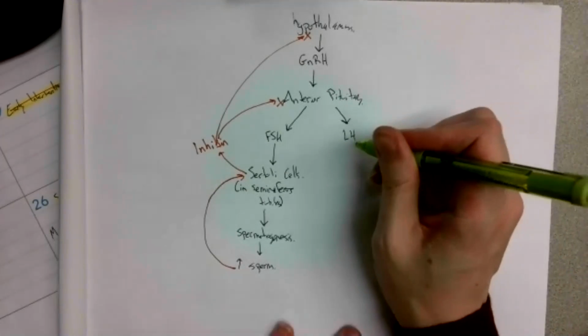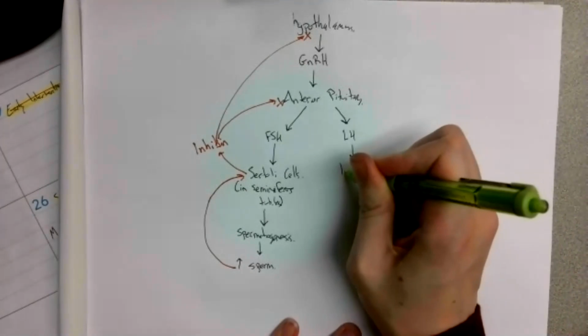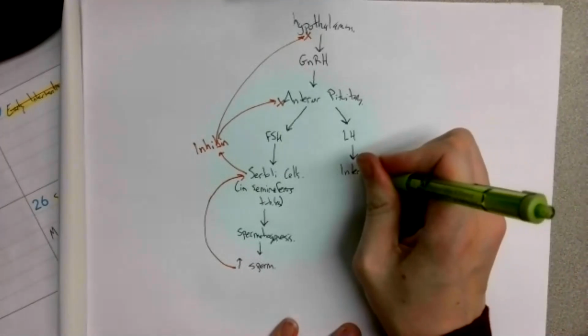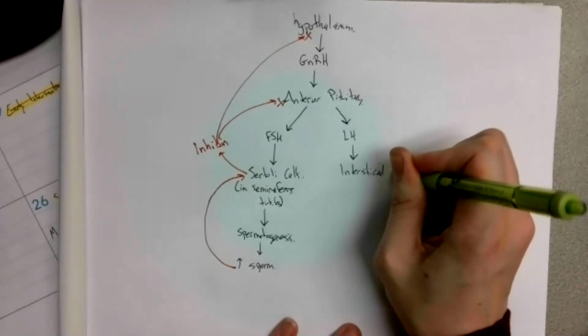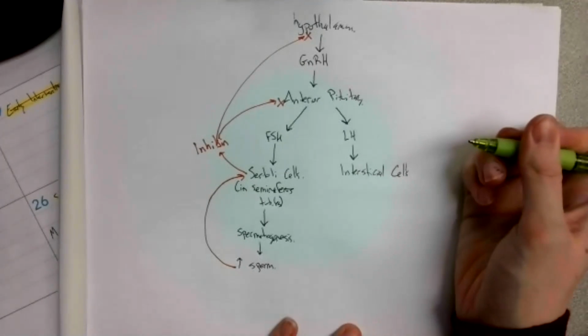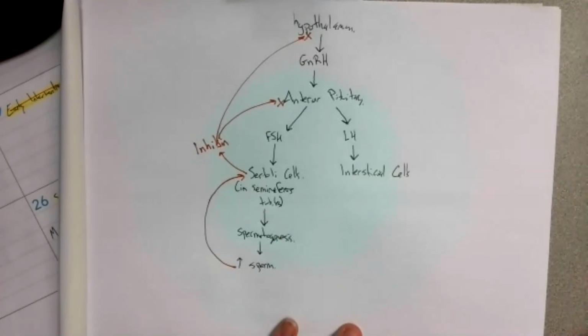LH, on the other hand, is going to go to the interstitial cells, which I don't know how to spell. The interstitial cells are then going to be responsible for the production of testosterone.